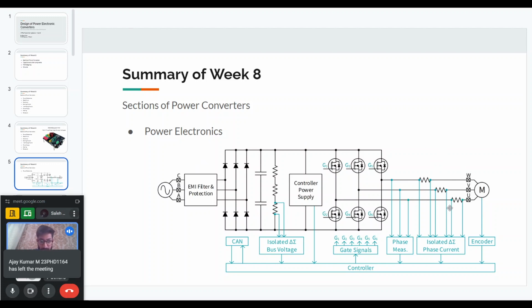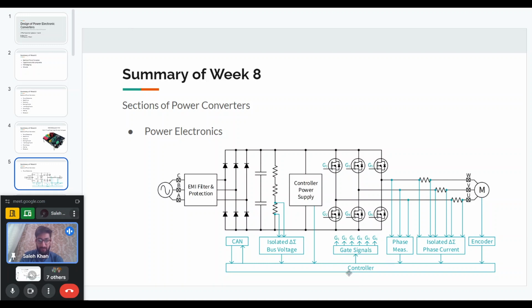The portion that is shown in black is the power electronic part, and all the portions in blue are the other portions. It has some sensors like current sensors, voltage sensors, and DC bus voltage measurement. It has an encoder for speed measurement. Then there's a controller, and there will be gate drive signals.